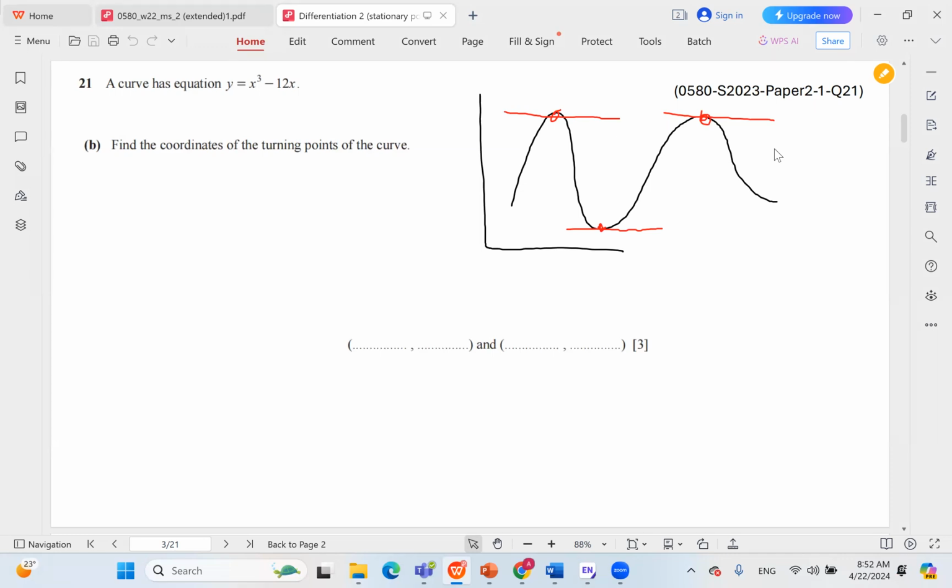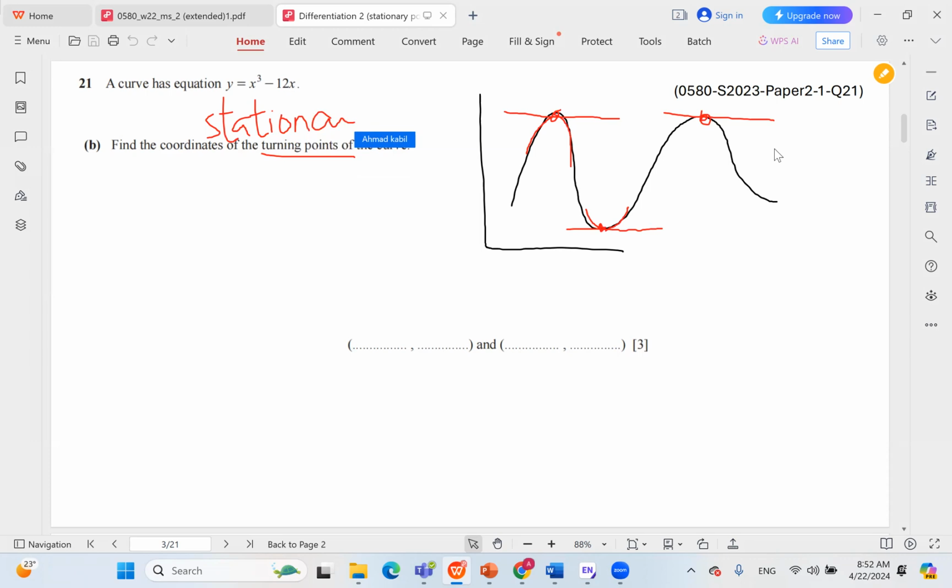So these 3 points that I highlighted are called turning points of a curve, where the curve turns. So the curve was increasing before and now it's decreasing, for example. Here it was decreasing and then after the point it became increasing again, and so on and so forth. Another name for turning points is stationary points.